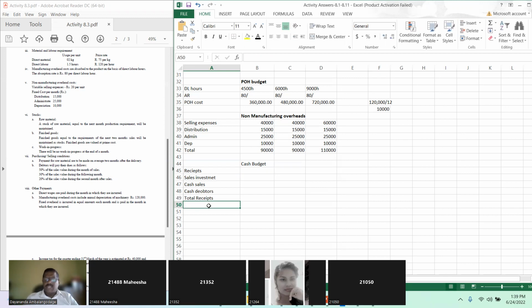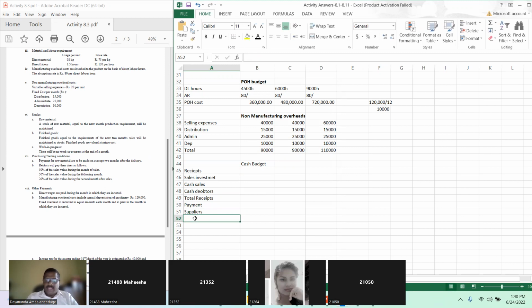Then you have the payment. Under payment, you have different payments. You have the payment to suppliers, because all your purchases are on credit.